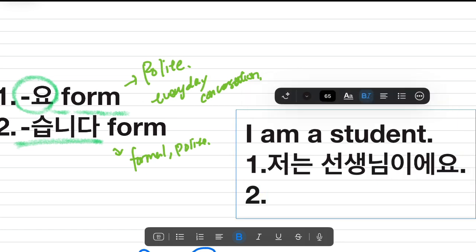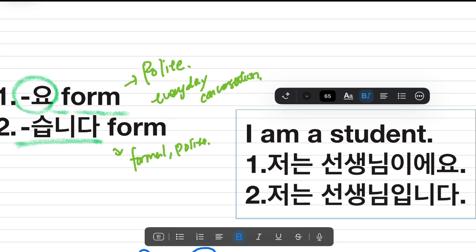Number two, 저는 선생님입니다. Alright? So 저는 선생님이에요 is still polite, and we use this for everyday conversation. And then 입니다 is still formal and polite, and we use this in more formal, official situations. Okay?